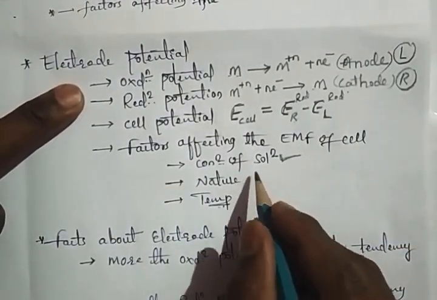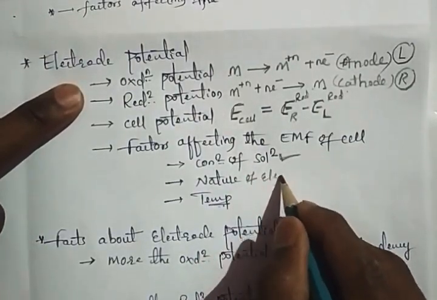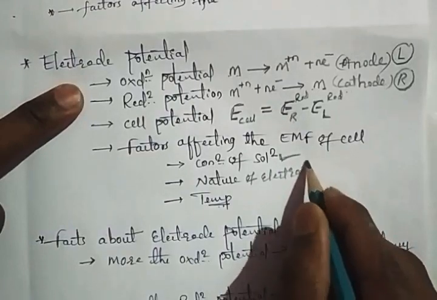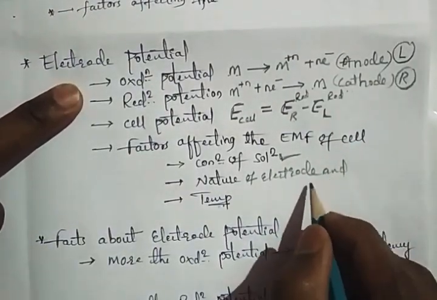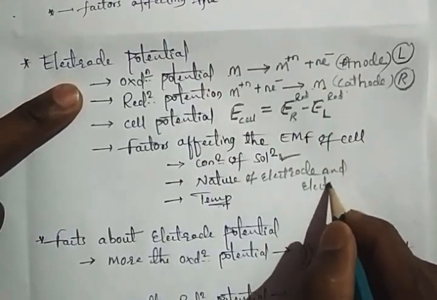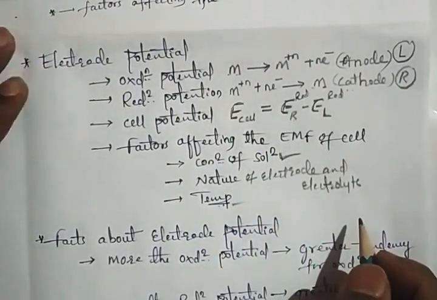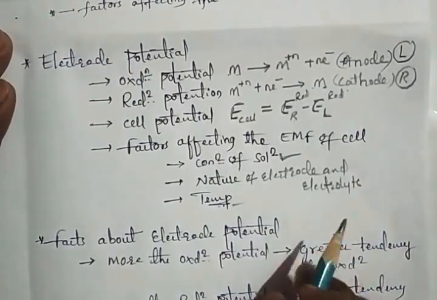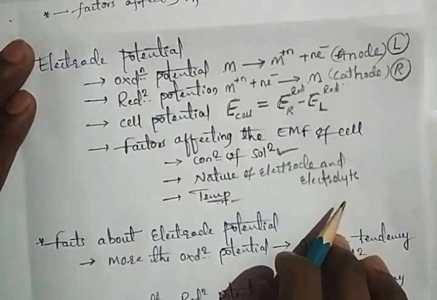Second, the nature of both the electrode and the electrolyte. And third, temperature. These are the factors which affect the value of electrode potential.